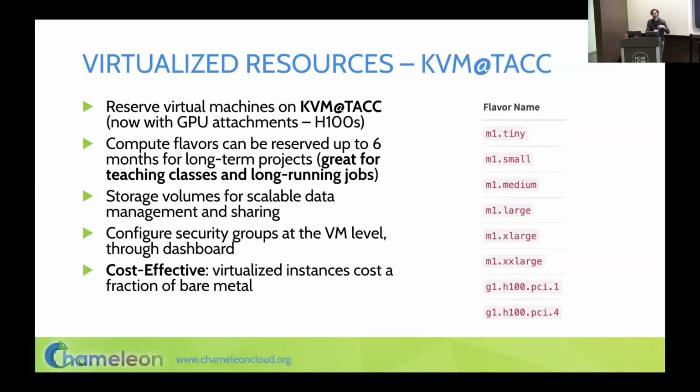These are much more cost-effective than using bare metal, a fraction of the cost of a bare metal node. For instance, if I reserve an H100 node on bare metal on Chameleon, that's 16 service units for 1 hour of using a GPU, and you get an allocation of about 20,000 service units for 6 months.